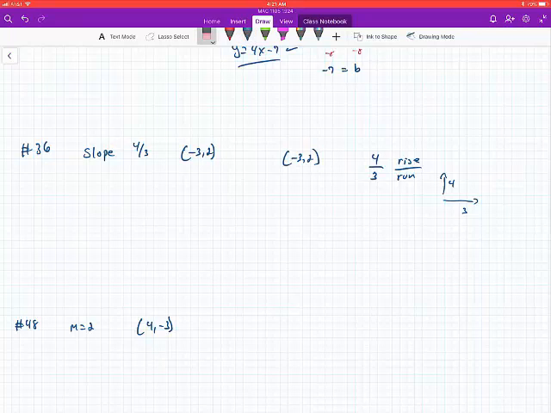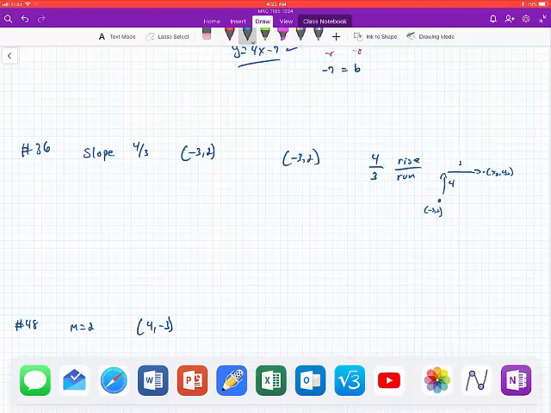Actually, let me do it this way so it's a little better. If I start off here with my point, (-3, 2), then this will be my second point, after going up 4 and over 3.